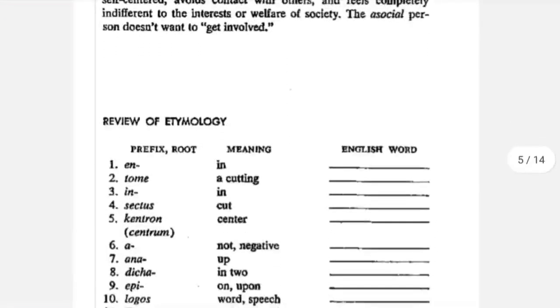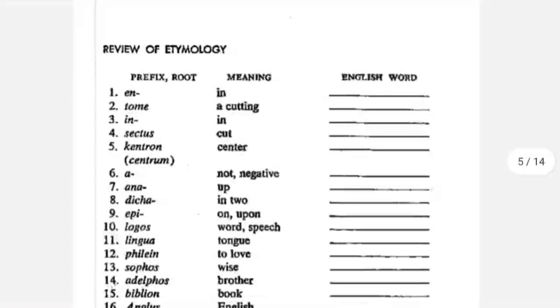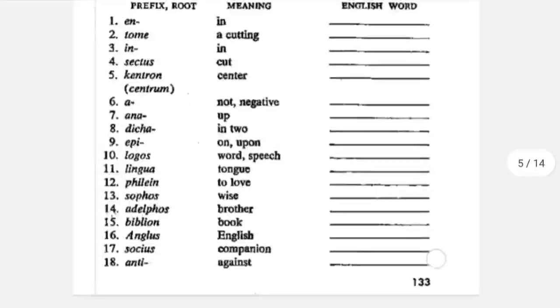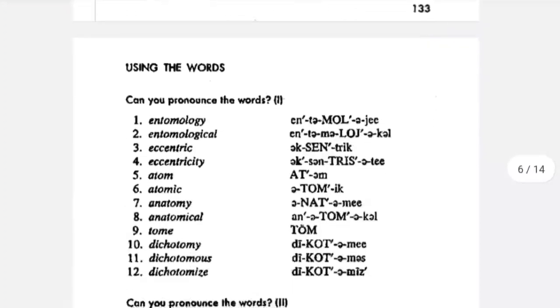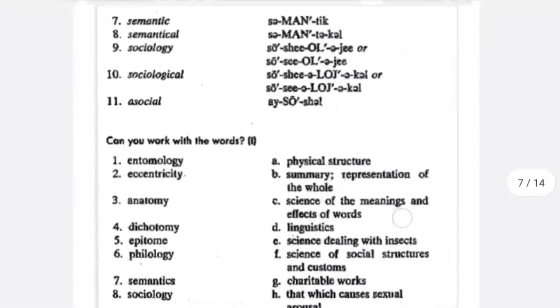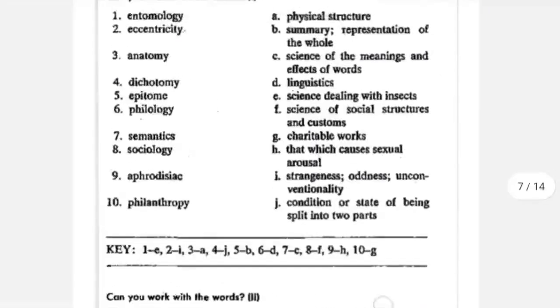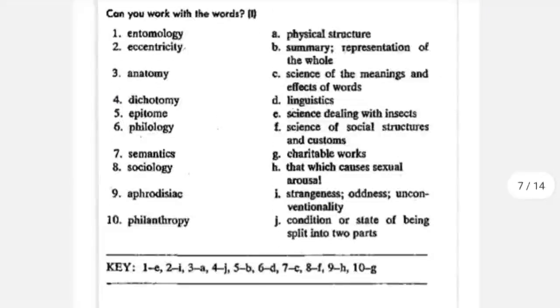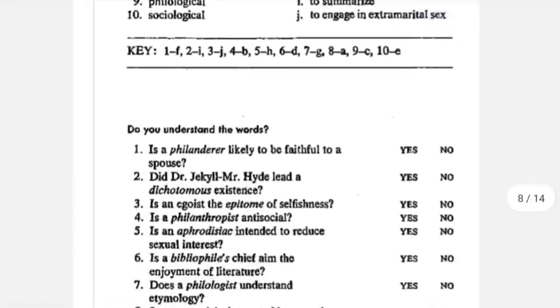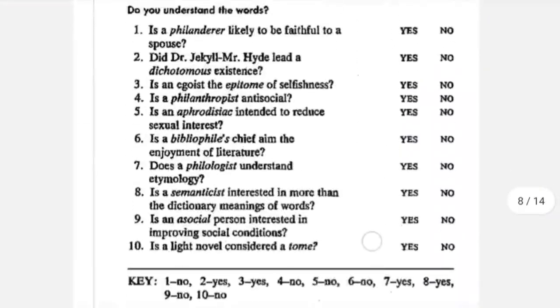That's the end of the words that were there in the session. Now you can solve these exercises so you can know if you have understood the words. This is match the column. You can pause the video, solve it, and then check your answers.